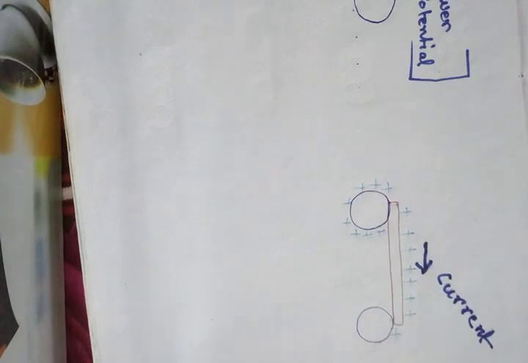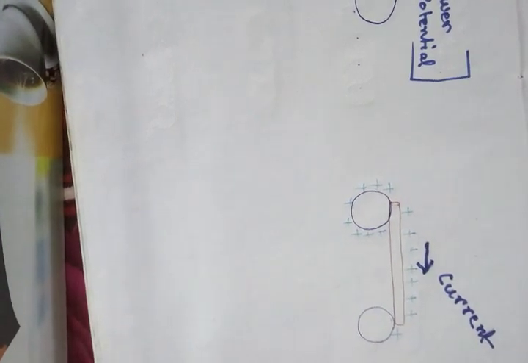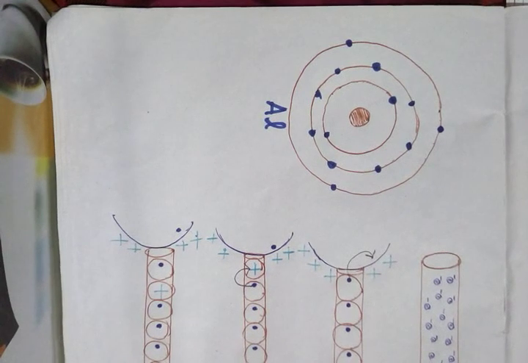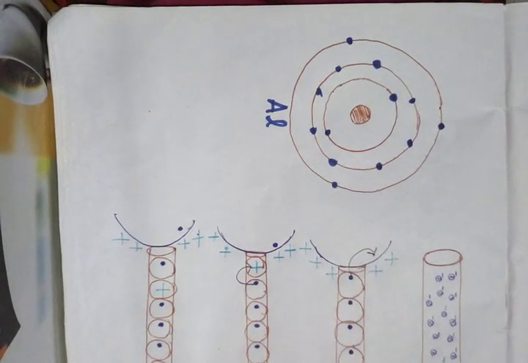This flow of positive charge is known as current. So we need a conductor to connect the positively charged and negatively charged body.